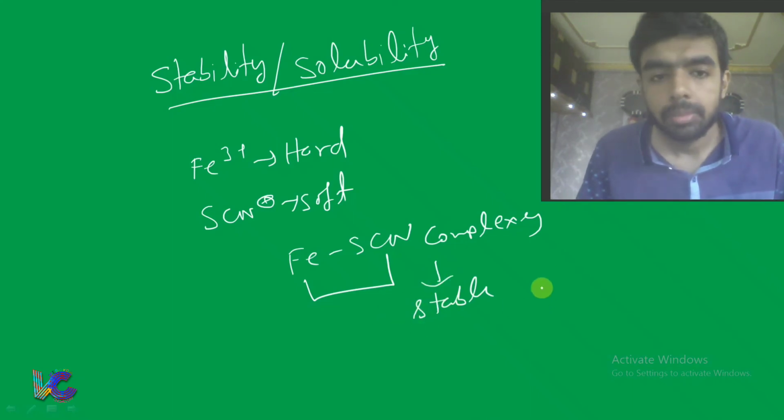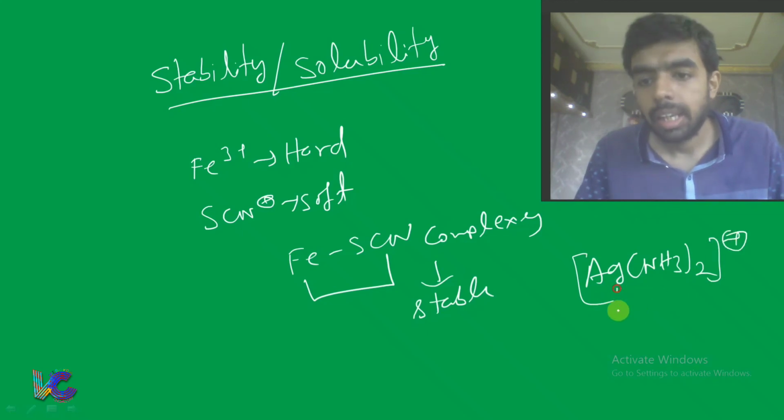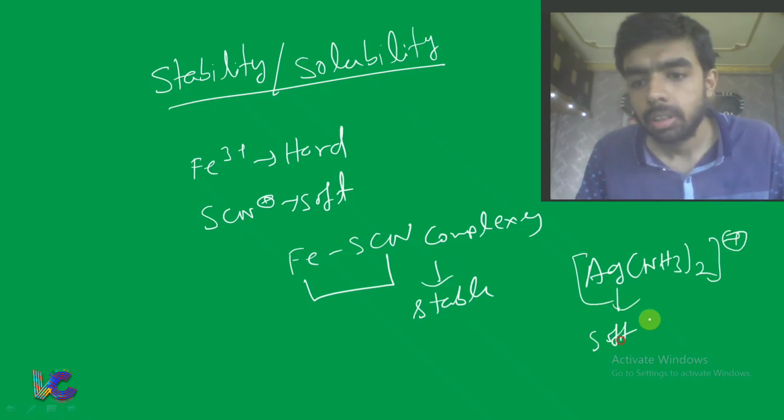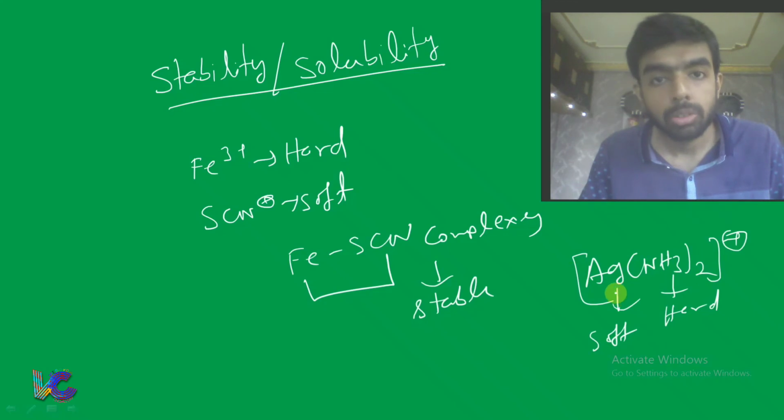Then again, if you see this complex [Ag(NH3)2]+, then Ag+ is soft, NH3 is hard. That means according to the HSAB principle, this compound should not be stable, but in reality this compound is stable.